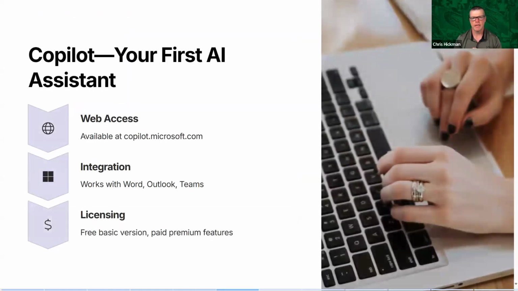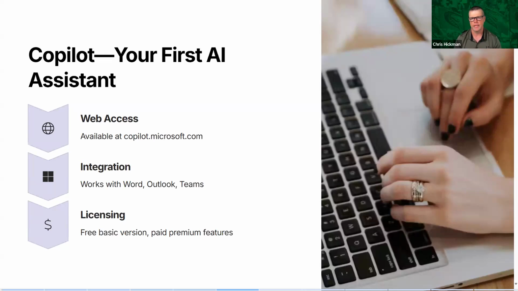So at UAB, Microsoft Copilot is the easiest place to start. It's available on the web at copilot.microsoft.com. Just open any browser, type in the URL, it'll take you straight to it, log in with your UAB email address. Also, it integrates with familiar apps like Microsoft Word, Microsoft Outlook, Microsoft Teams, Excel, PowerPoint, and so forth. There is a free basic version and paid premium options.